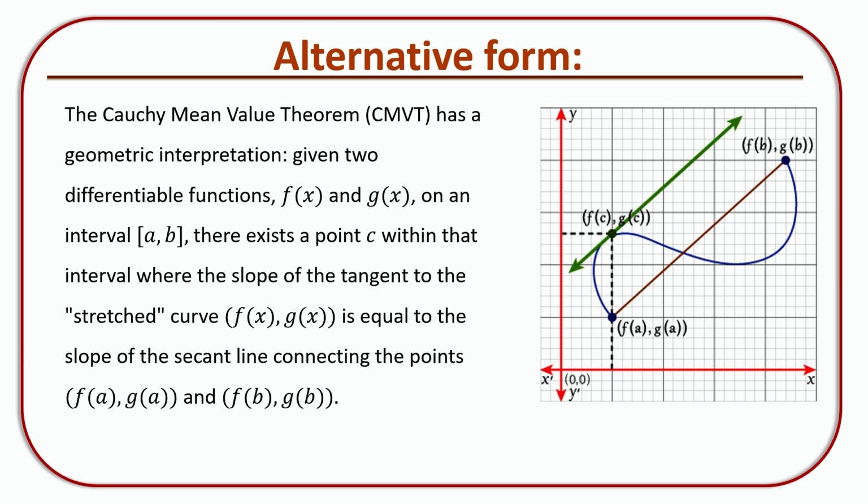Then we will give the geometrical meaning of the Cauchy mean value theorem. Given two differentiable functions f(x) and g(x) on a closed interval [a, b], there exists a point c within that interval where the slope of the tangent to the curve (f(x), g(x)) is equal to the slope of the secant line connecting the points (f(a), g(a)) and (f(b), g(b)).